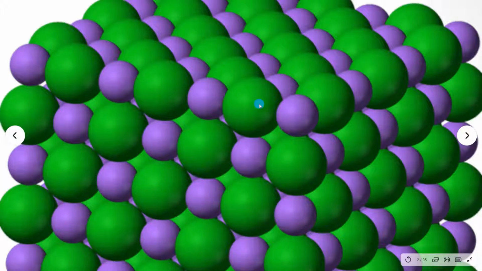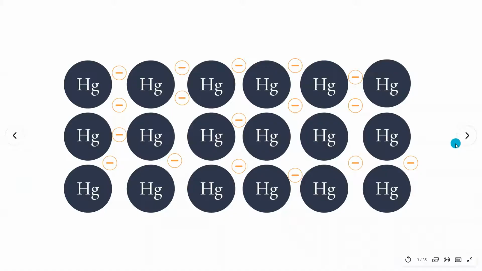And then they are held together because the negative anion is attracted to the cation, the positive ion. And the attraction there for each positive ion for all of the negative ions around it, and each negative ion for all of the positive ions around it, is called the ionic bond.